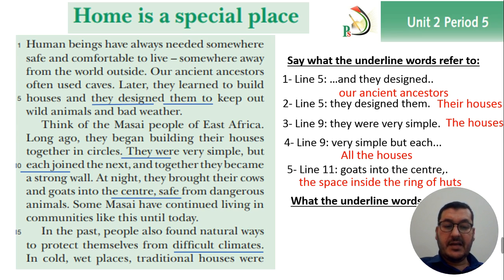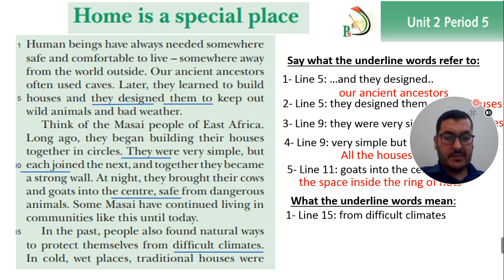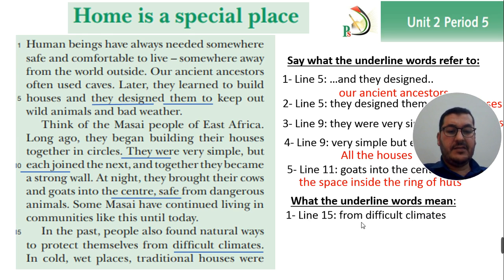Now what does the underlined word also mean in our lesson? On line 15 we have from difficult climates. For example, also found natural ways to protect themselves from difficult climates. What do we mean here by difficult climates?